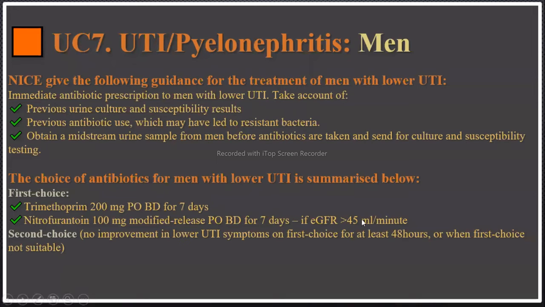If they did not comment about eGFR, you can use trimethoprim. If you find eGFR in the scenario, think about nitrofurantoin. Second line, if they mention no improvement in lower UTI on first choice for at least 48 hours, or when first choice is not suitable.